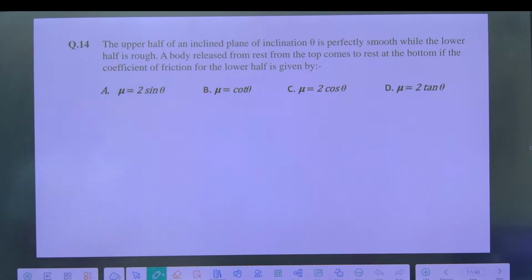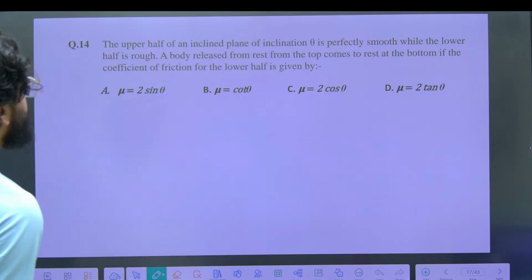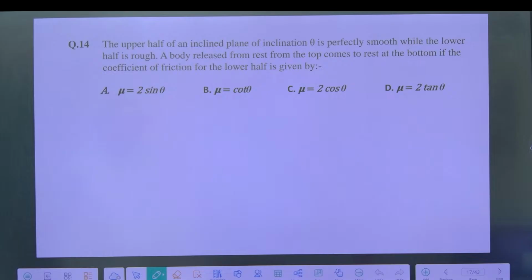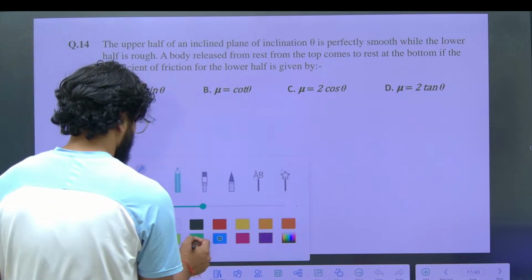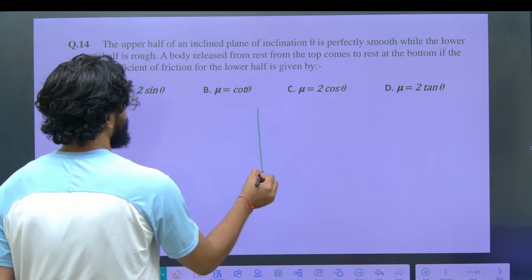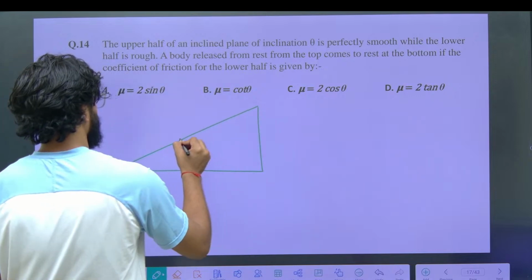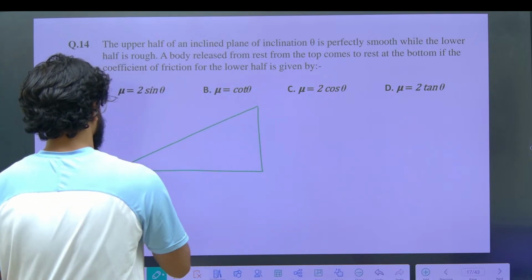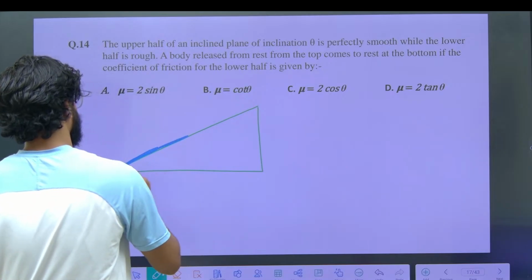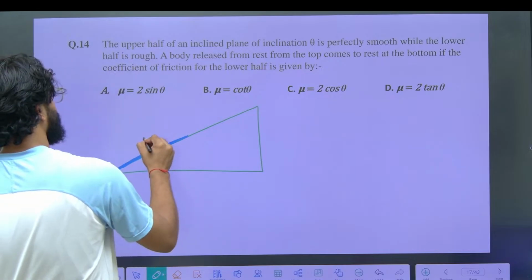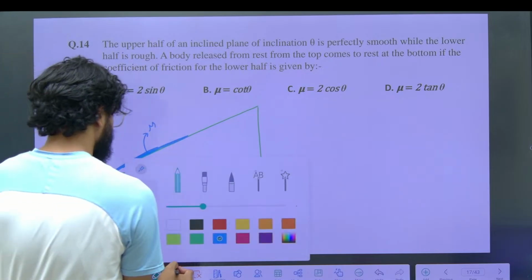The upper half of an inclined plane of angle theta is perfectly smooth, while the lower half is rough. The body is released from rest from the top and comes to rest at the bottom. The coefficient of friction for the lower half is given by? So we will do this with the work energy theorem. Here it is rough, and here it is smooth.